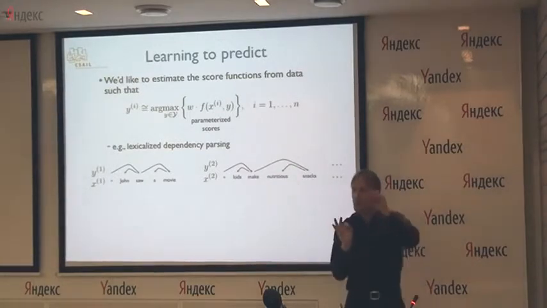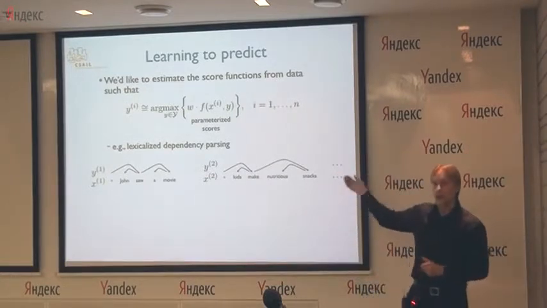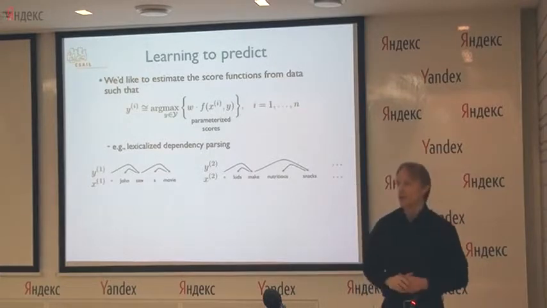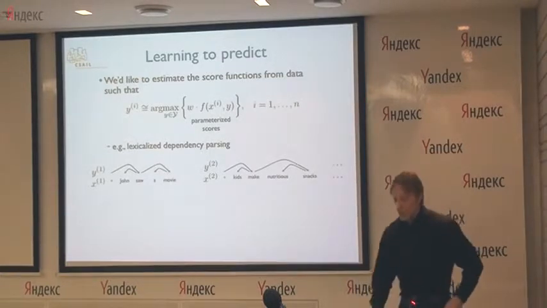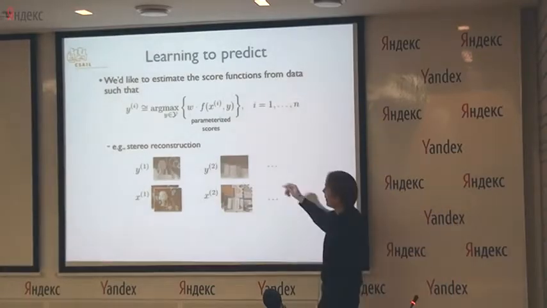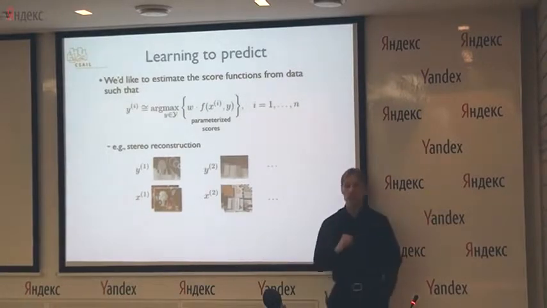So I'm going to use the training cases to narrow down the set of possible scores that work well as far as the guidance from the training examples is concerned. Another example would be stereo reconstruction in the same setting. Inputs are pairs of images, the outputs are the reconstructed depths, and based on these pairs of examples, we would like to optimize the scores in the same way.